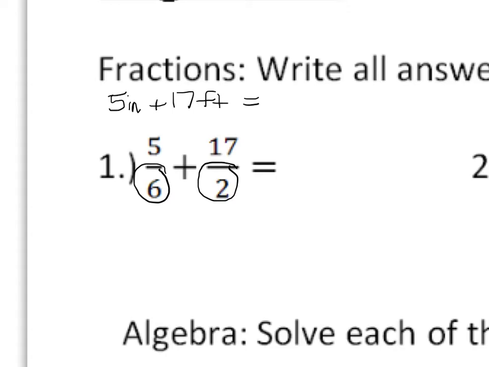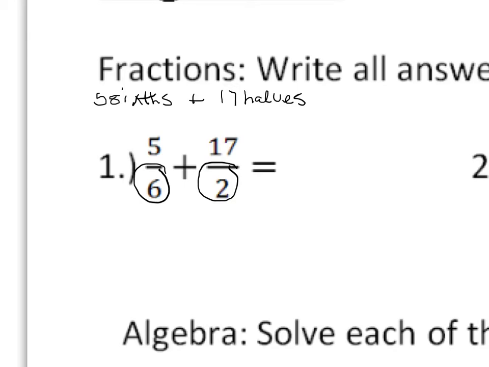And so what we learned with that translates over to the same kind of thing. If this is 5 and our unit is sixths, that's messy, and we're adding to that 17 halves.